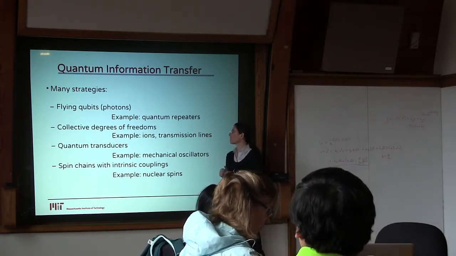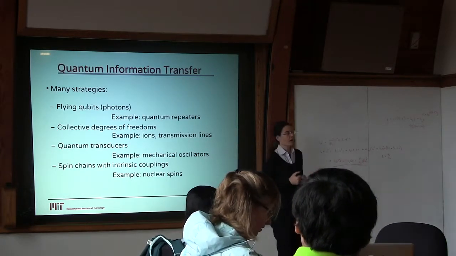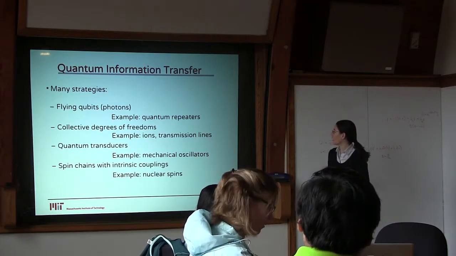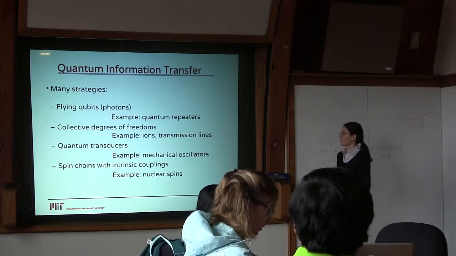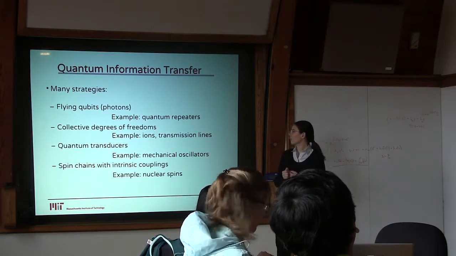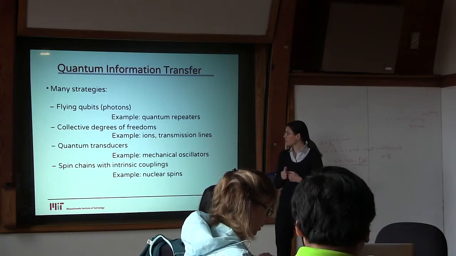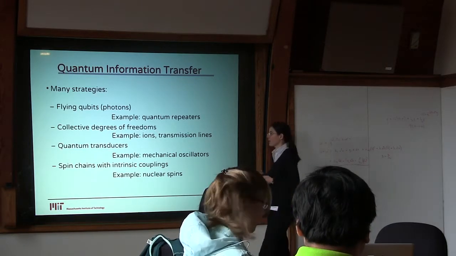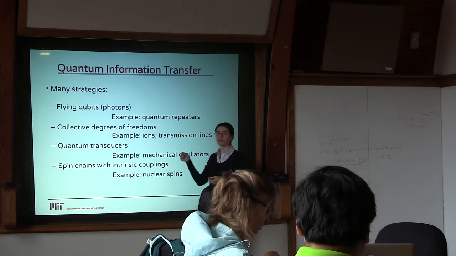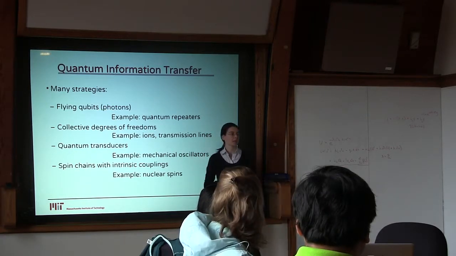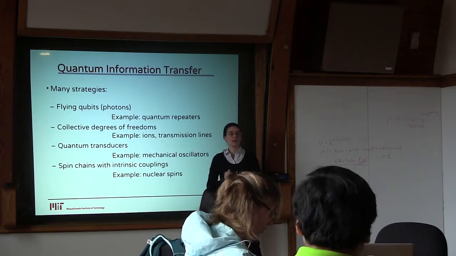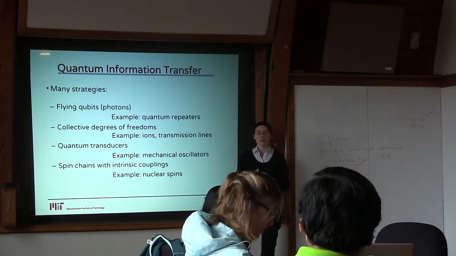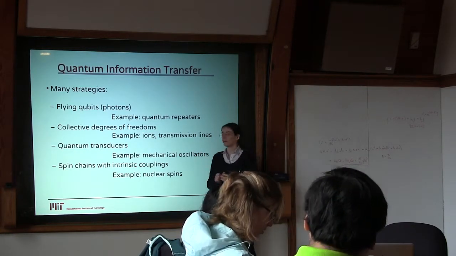We can consider transmission lines also some sort of collective degrees of freedom and use these to connect more isolated qubits. It's been mentioned yesterday that a mechanical oscillator can also be used as a quantum transducer to connect distant qubits. So this is another possible example.